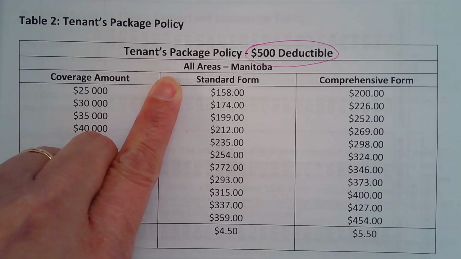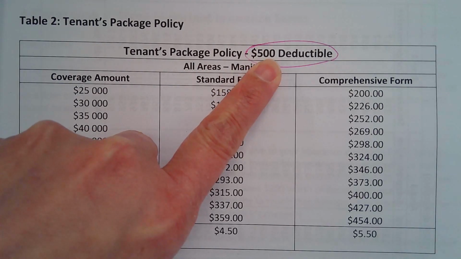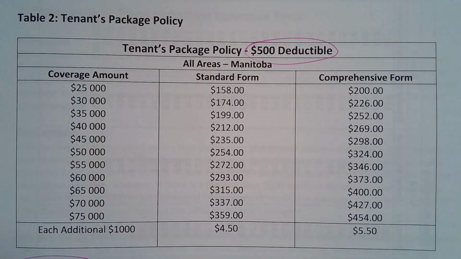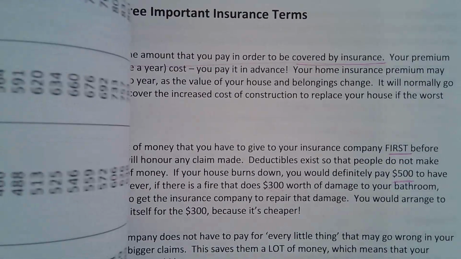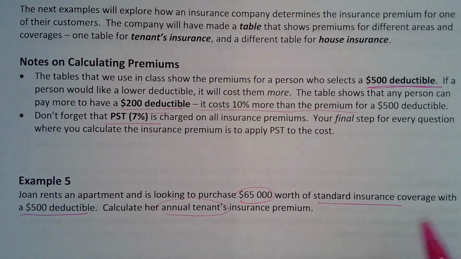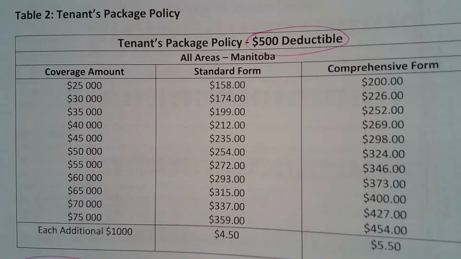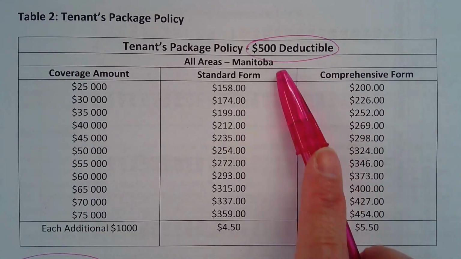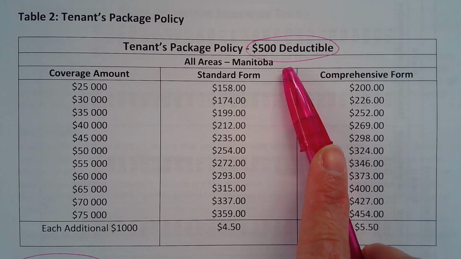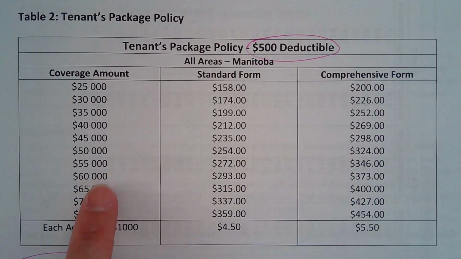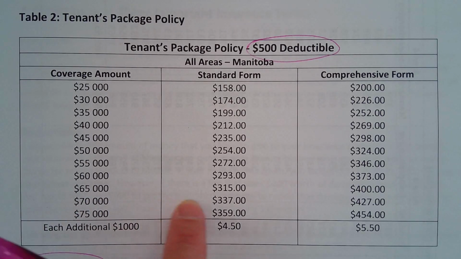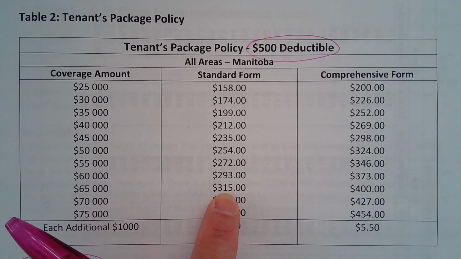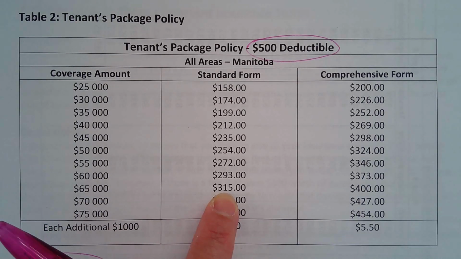Tenant insurance, $500 deductible, and we need $65,000. Standard. Okay, so we're looking at the right table. $500 deductible, $65,000. 315. Is everybody okay with that one? Yeah?